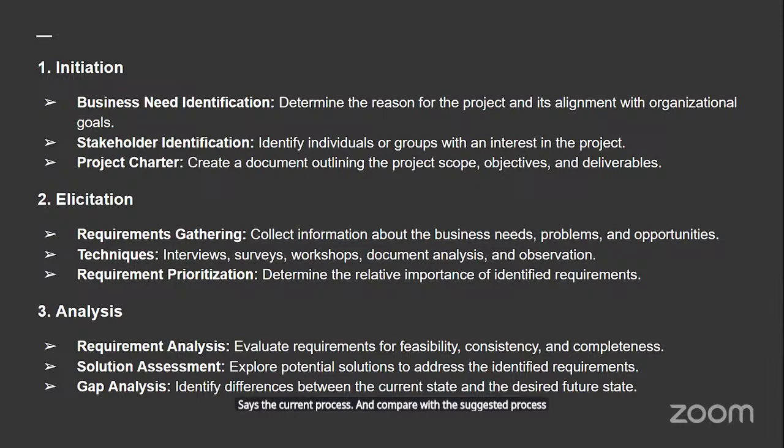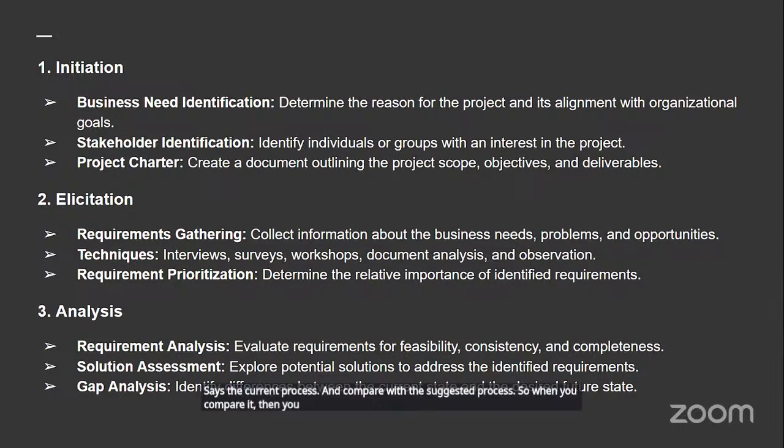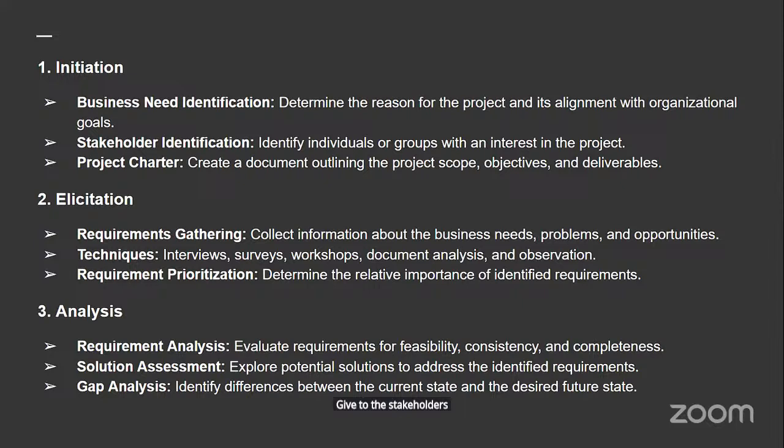When you compare it, then you now see the difference. That is what is going to be the solution you are going to give to the stakeholders. So that's what is meant by gap analysis itself. It's all about identifying differences between the current and the future states of the process.